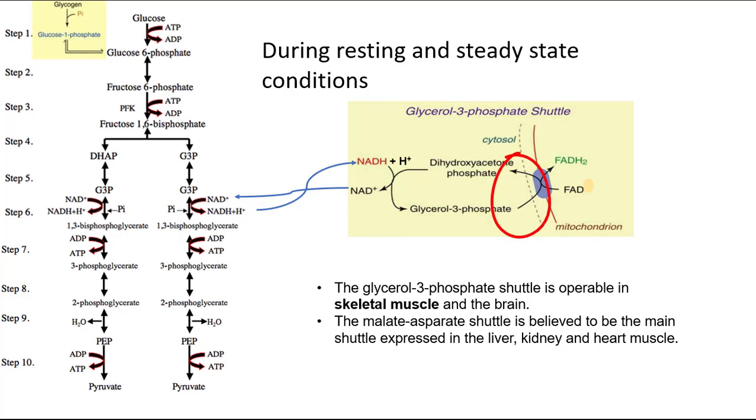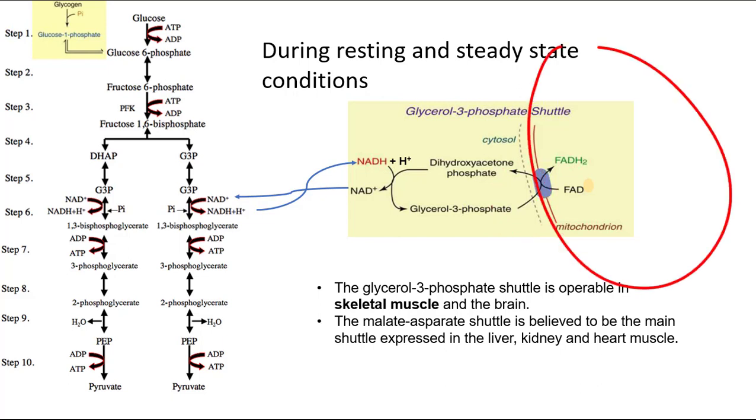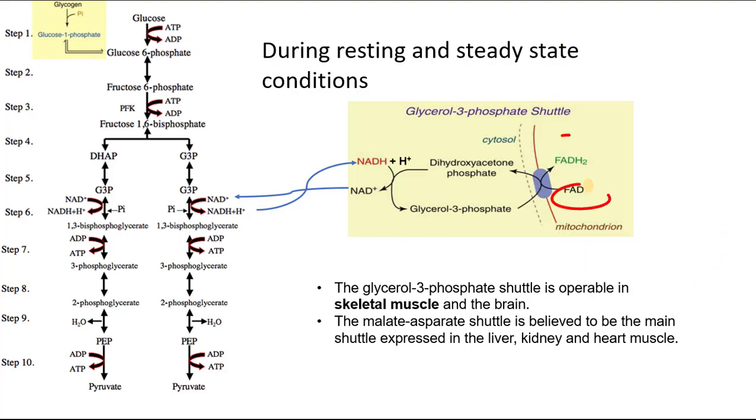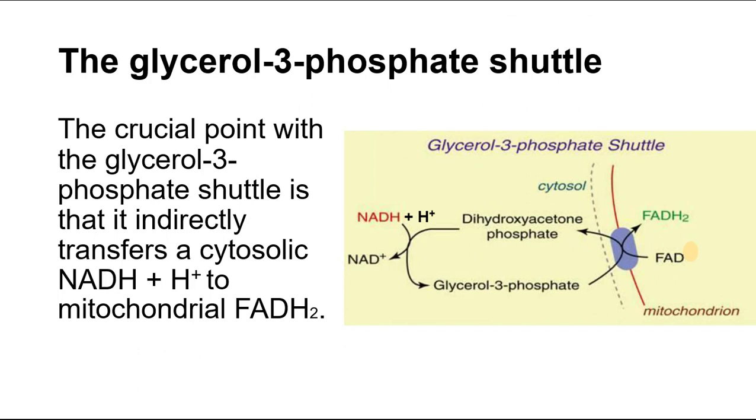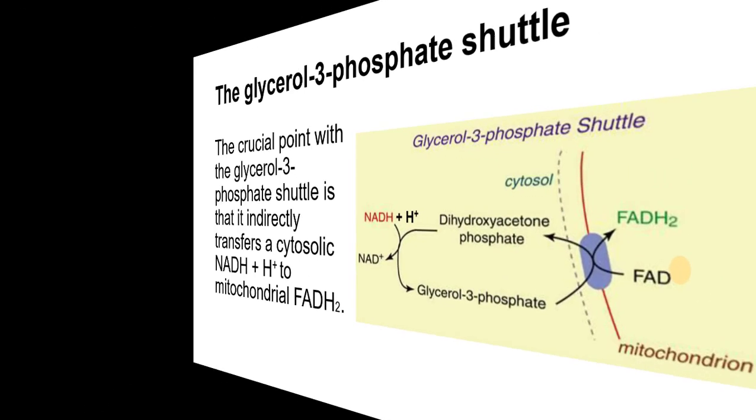The most important thing is that on this mitochondrial side, the electron and 2 protons are used to reduce FAD to FADH2. Again, the crucial point with the glycerol 3-phosphate shuttle is that it indirectly transfers a cytosolic NADH plus proton to mitochondrial FADH2.